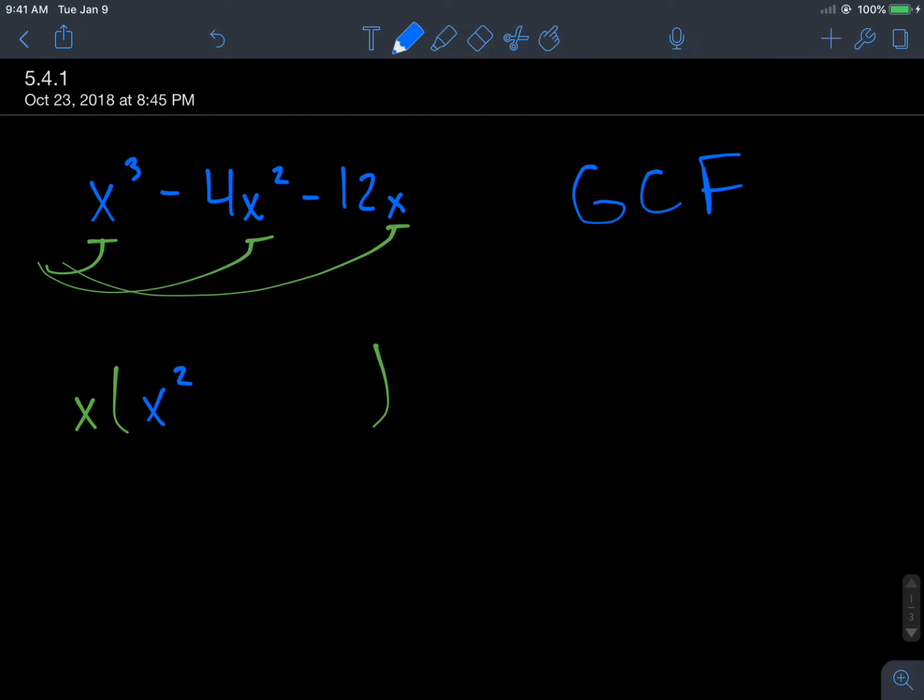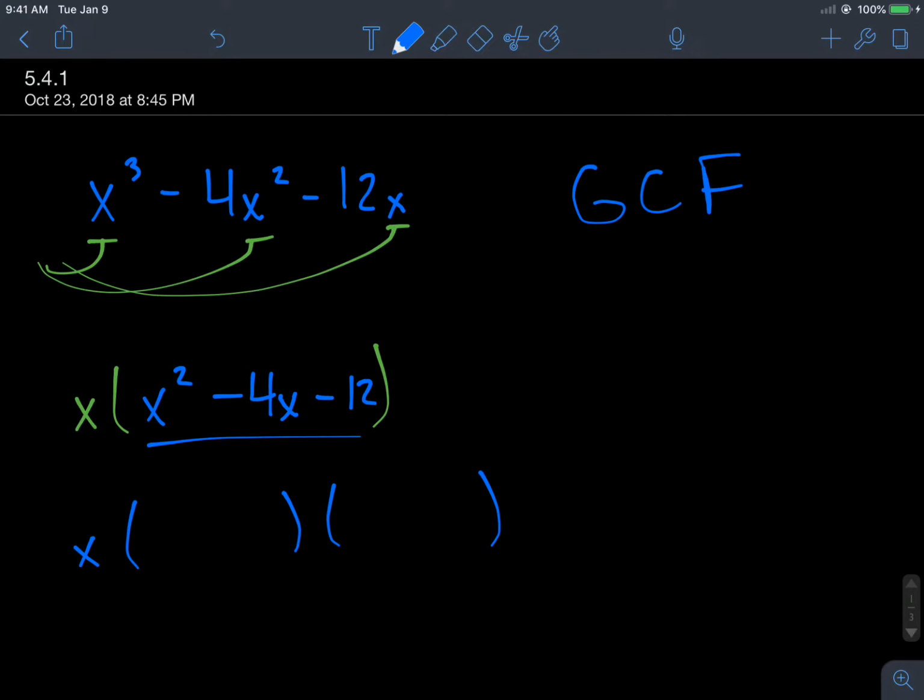If we take an x out of negative 4x squared, we have negative 4x. And if we take an x out of minus 12x, that's just minus 12. So we've factored out a greatest common factor, and that leaves us with something that we might be able to factor a little bit easier.